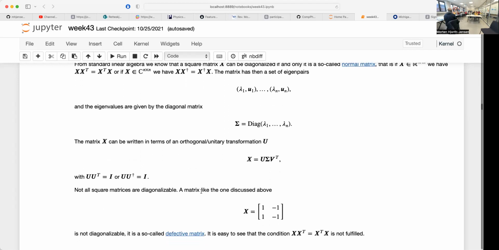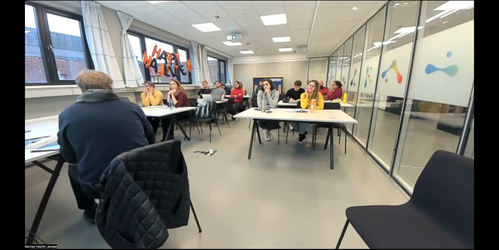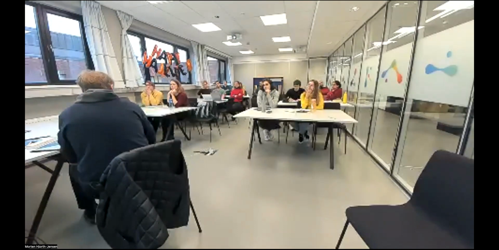Like this matrix which we looked at, it is not diagonalizable, but even so, we can always perform a singular value decomposition. Let me just bring back the basic definition of that on the whiteboard.